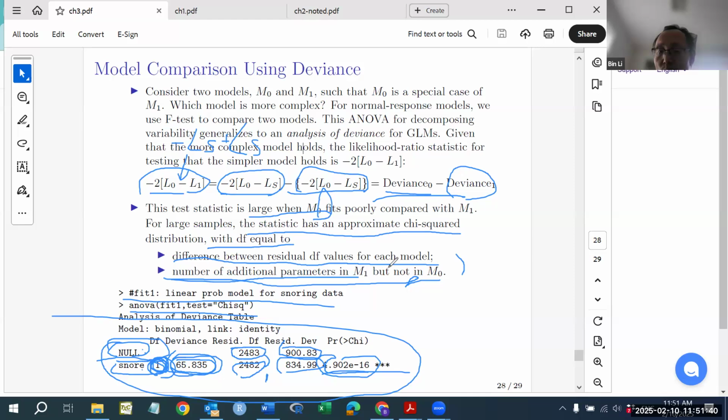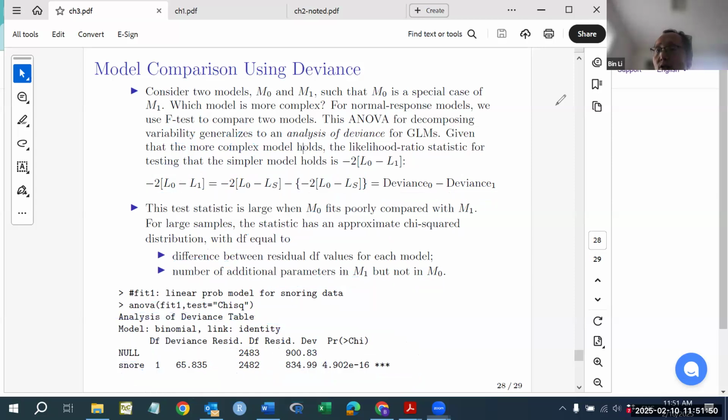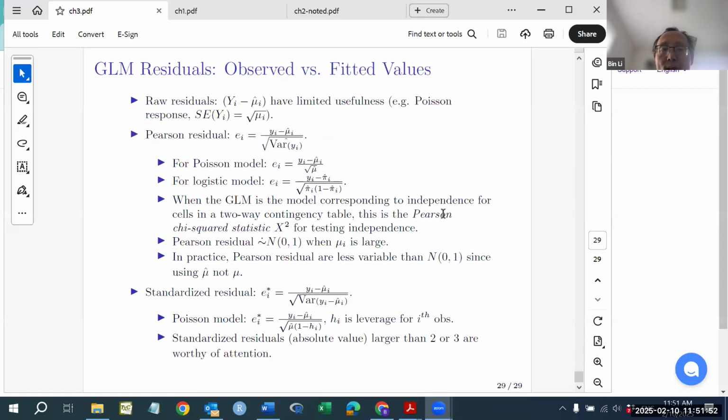I would prefer the second one. With the second one, you can easily see there's just one additional parameter added, right? But anyway, this is how we compare the models through the deviance. Okay, so I think we can stop here, and this is the last slide, and I can do that next time.